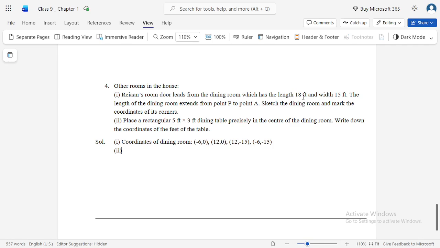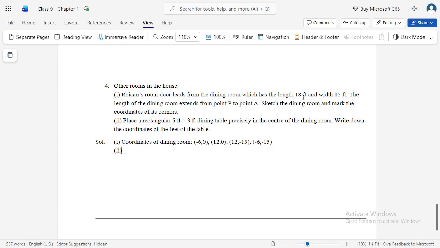So if we place 5 units exactly in between the 18 unit length, what is the remaining length? 18 minus 5 is 13, right? Now we have to divide 13 into two parts, because the space left on the left hand side and right hand side will be exactly equal. So 13 by 2 will be 6.5.